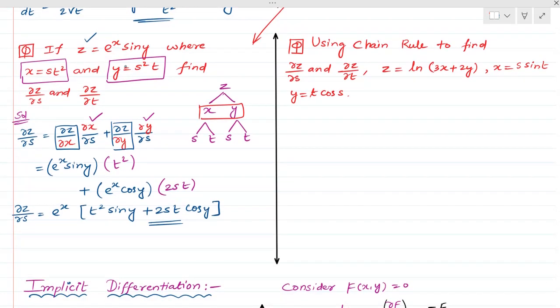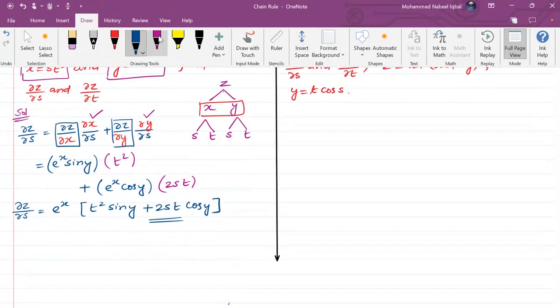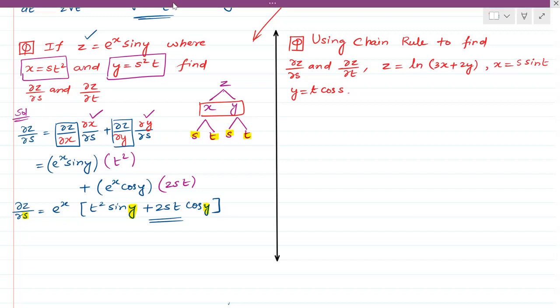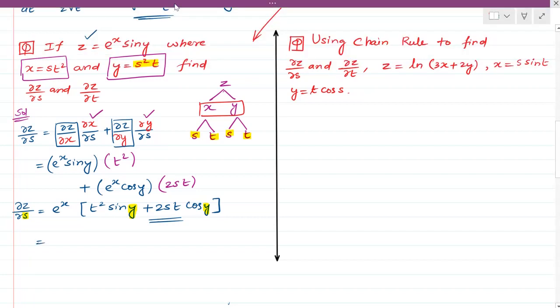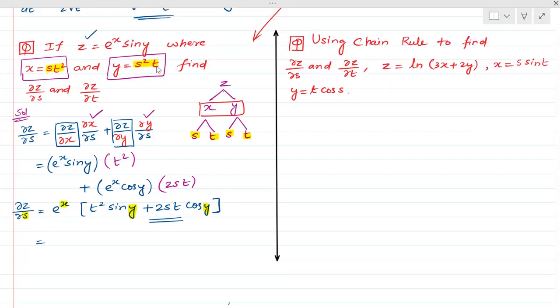And at the last step, you have to replace the values of x and y. You have to write all the variables in terms of s and t, not x and y. So here you have to replace y with s square t, and x with s t square.